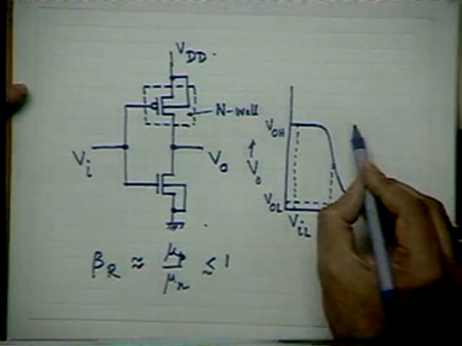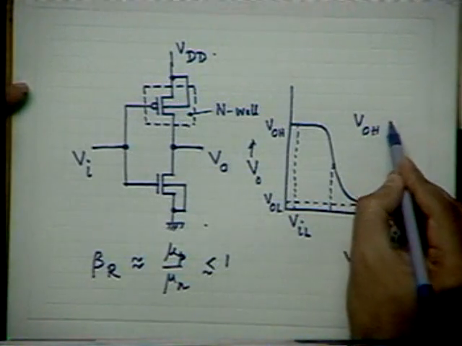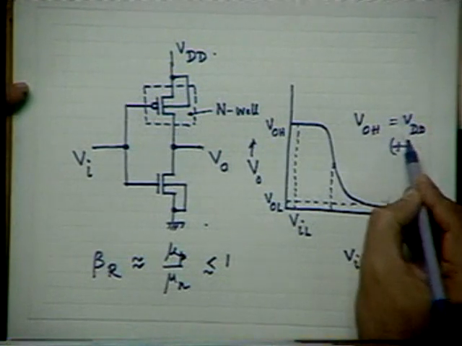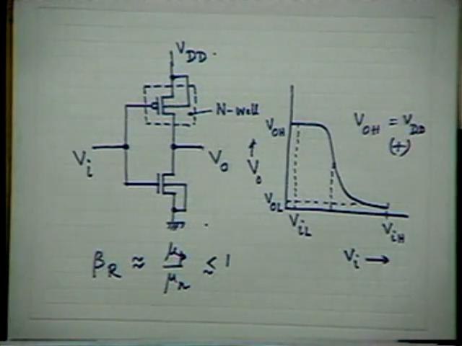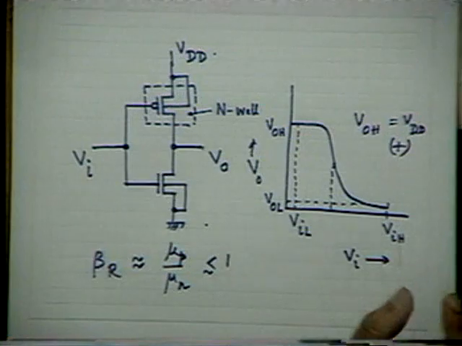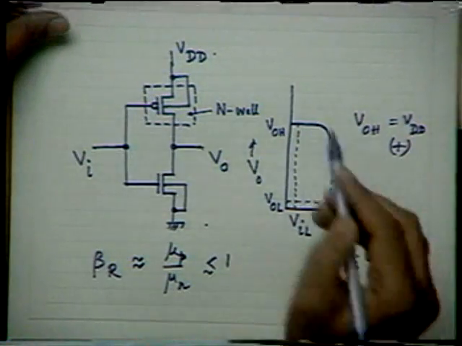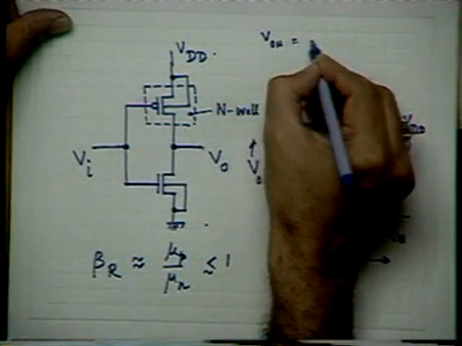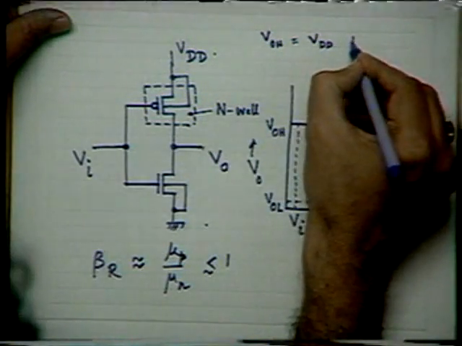Then this VOH is again equal to VDD. It's a very good, it's a positive feature. So if you compare now the features of CMOS, you can write down: VOH is equal to VDD, positive feature.